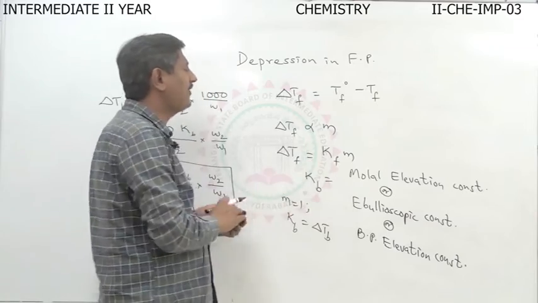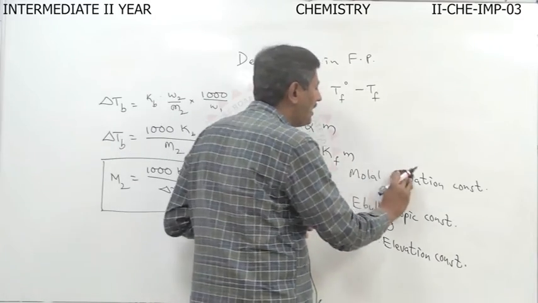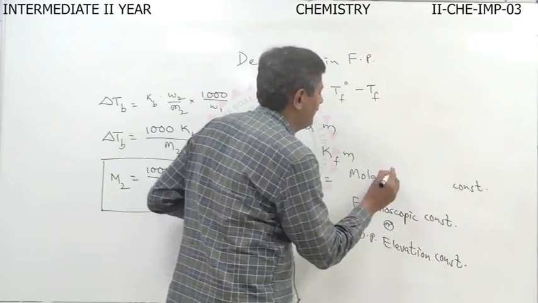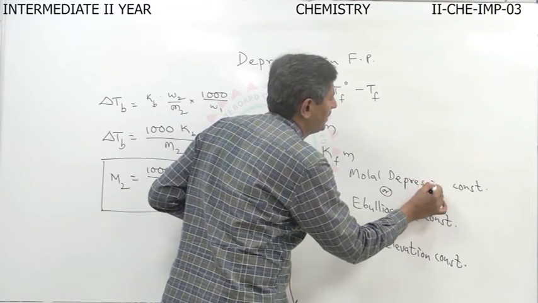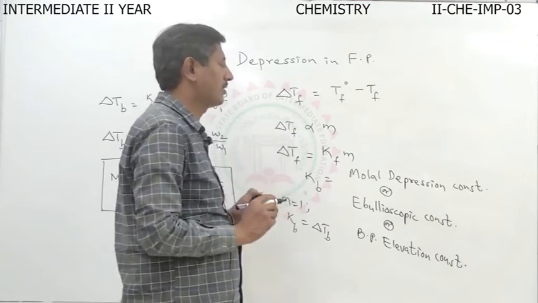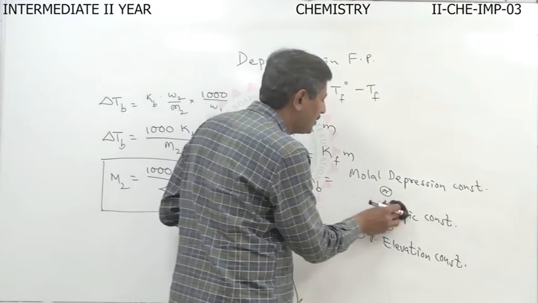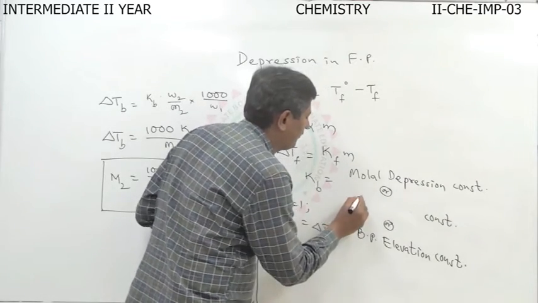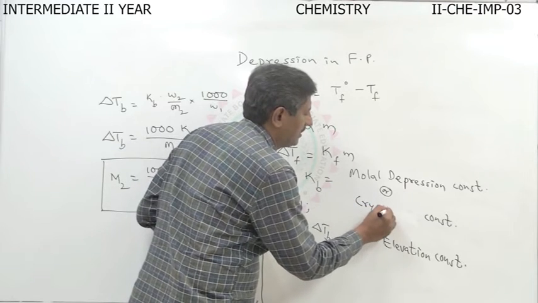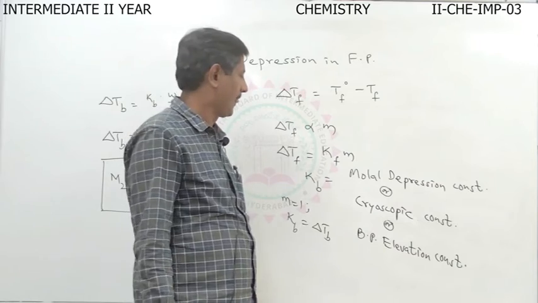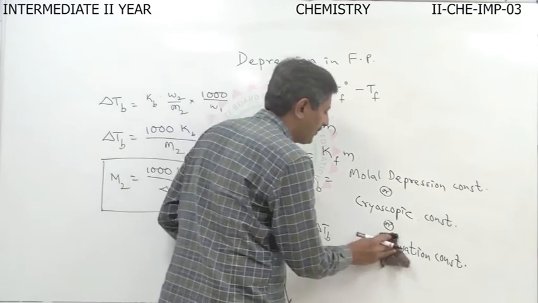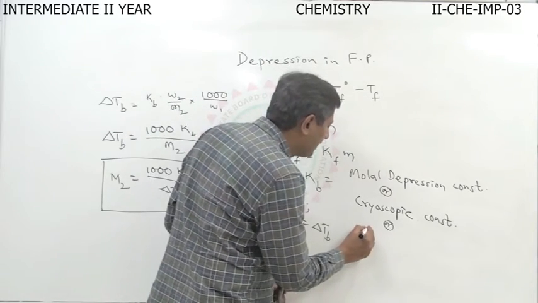And this KF is called the molal depression constant, or cryoscopic constant, or freezing point depression constant.